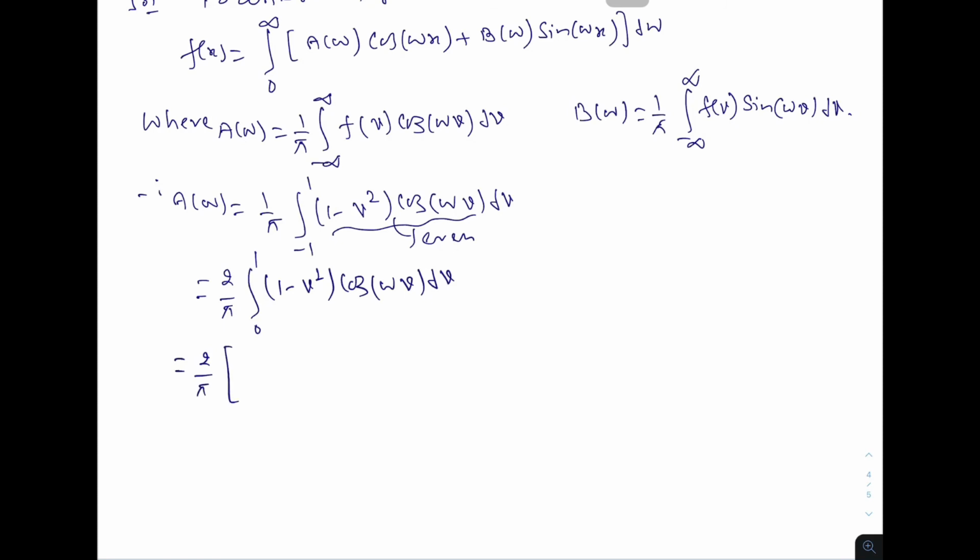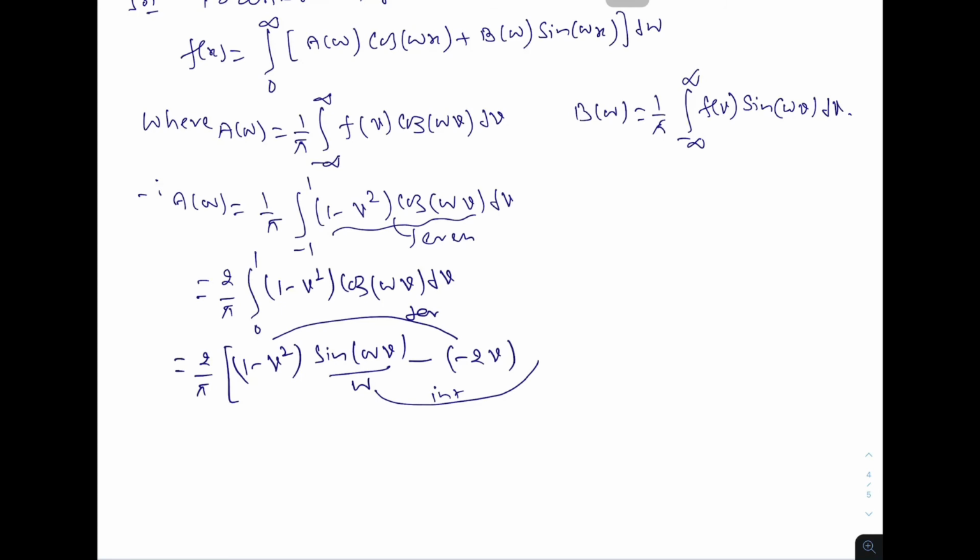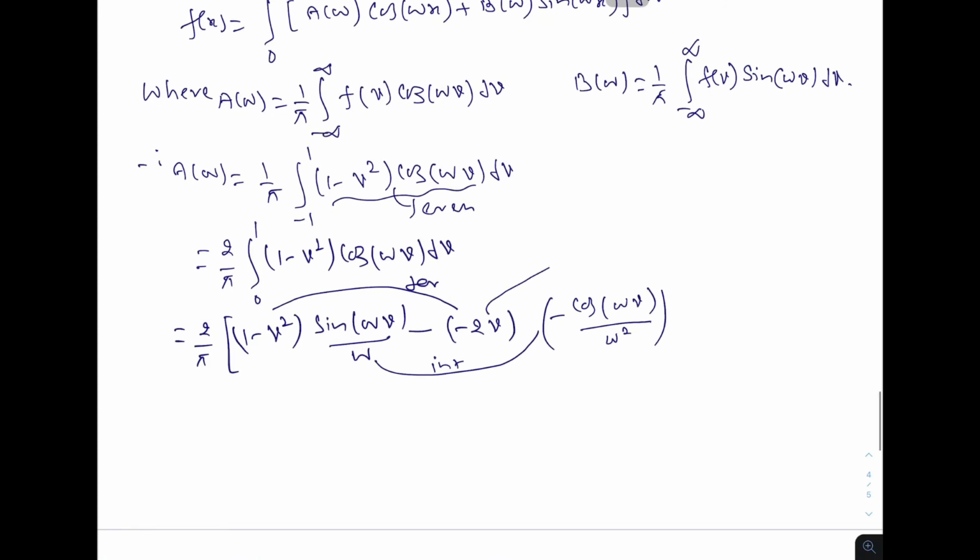This is 2 over pi. Now we take integration by parts. So we keep 1 minus v square as it is, integration of cosine, so that is sine omega v over omega. Then minus, the derivative is minus 2v, and the integration is minus cosine omega v over omega square.